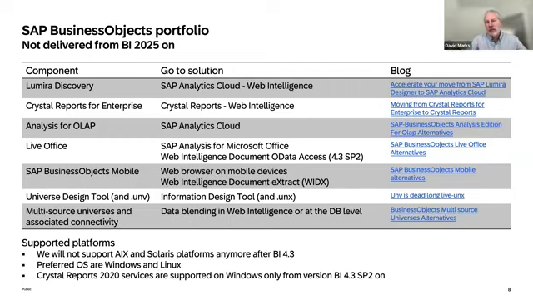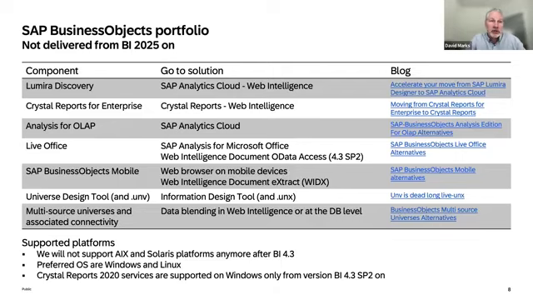The biggest difference is, with SAC, it's all a cloud-based solution. It's 100% in the cloud. It's a SaaS-based analytical solution, and we can connect to on-premise data sources with it. It does not use universes as a data source. It uses the connectivity provided by, for example, HANA.